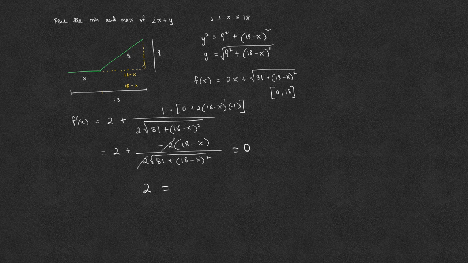We move the negative term to the right hand side, which is 18 minus x, positive on the right hand side, over the square root of 81 plus (18 minus x) squared.